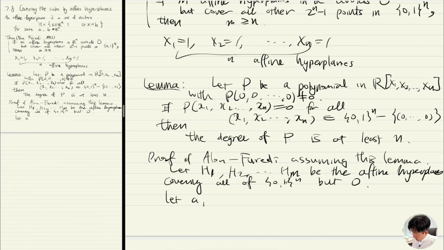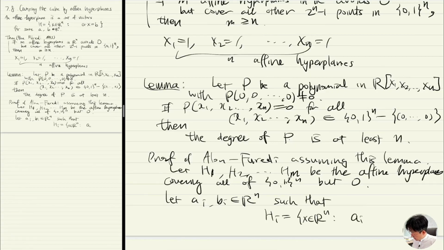Let ai, bi be such that Hi is equal to the set of points in R^n such that ai dot x is equal to bi.